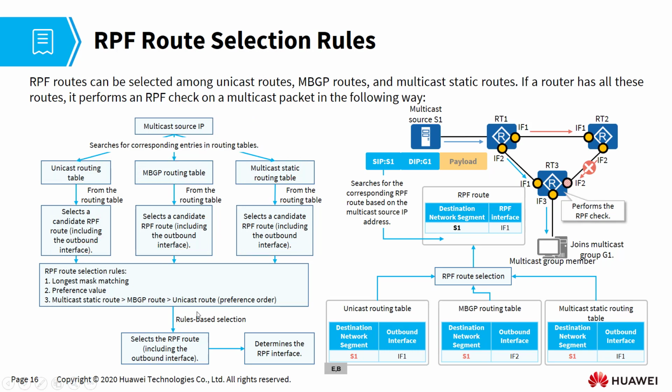If they are all there, then we use the multicast static route. If there are only these two, then we use multicast BGP. If there is only unicast, then of course it's the one we use. That is what we use to select the reverse path forwarding route, which includes the outbound interface, in order for us to determine the reverse path forwarding interface, the interface closest to the multicast source.